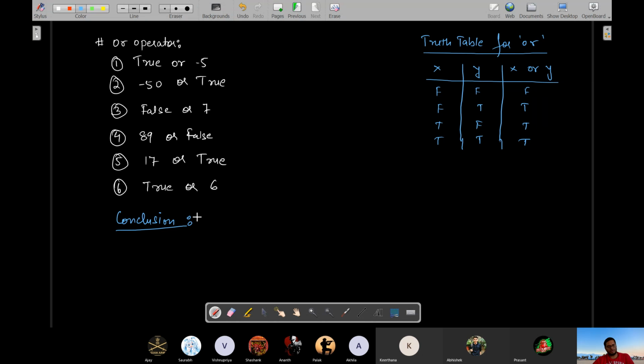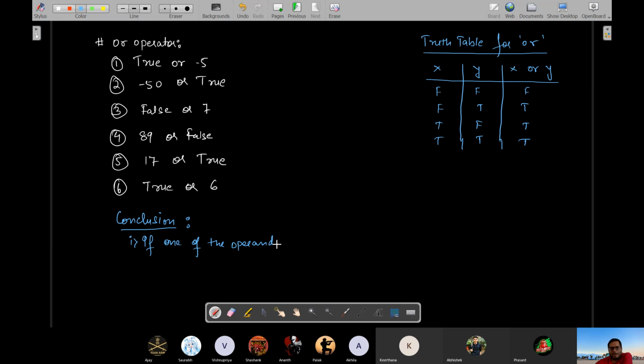Okay, so with the observation, one conclusion we can be sure. What is that conclusion? If one of the operand, अब इसमें मुझे बताओ 1 से लेके 6 तक में which all are true by the time I complete the statement.